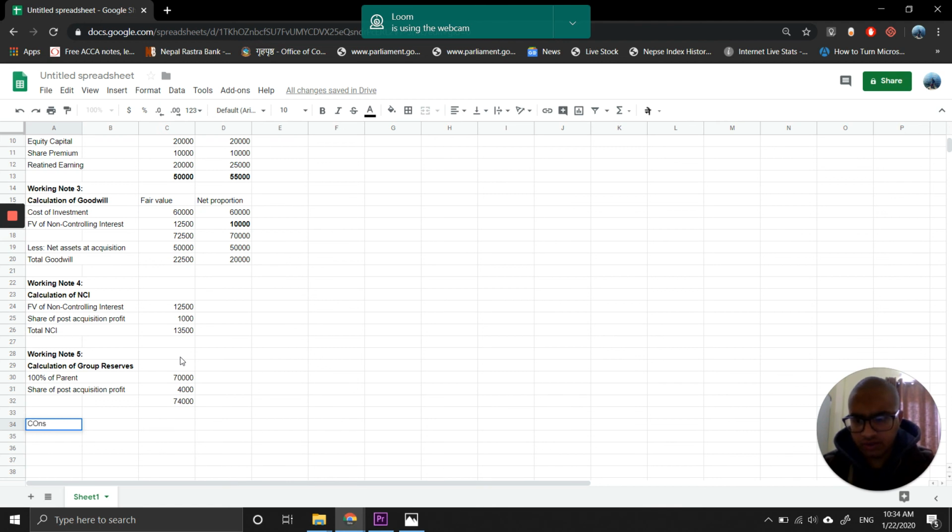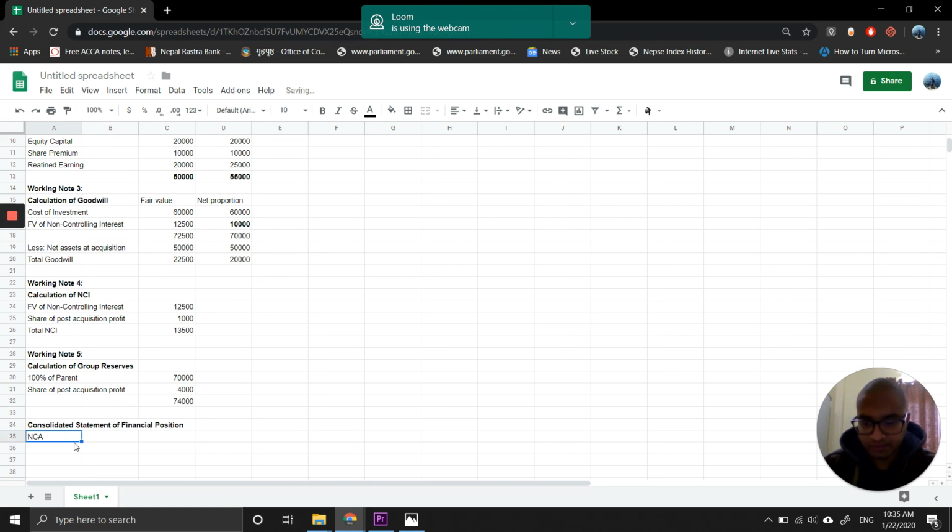Consolidated statement of financial position. Let's merge this up, bold, just to make it look nice.